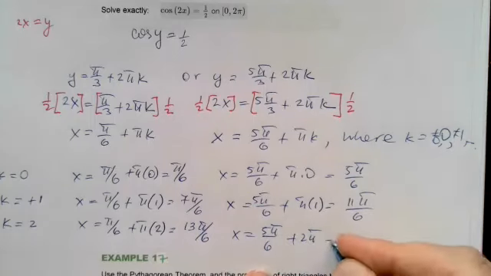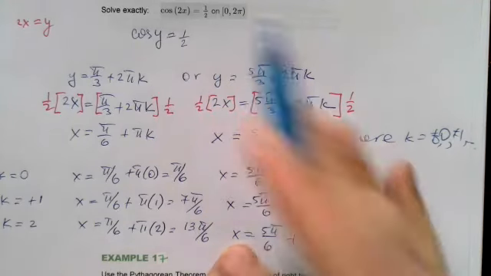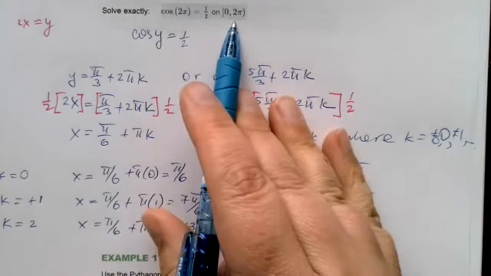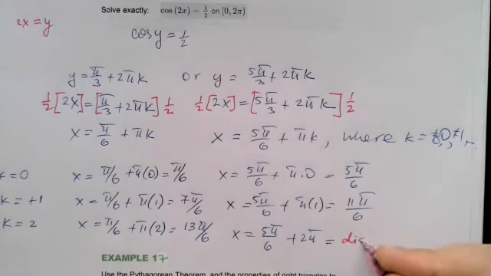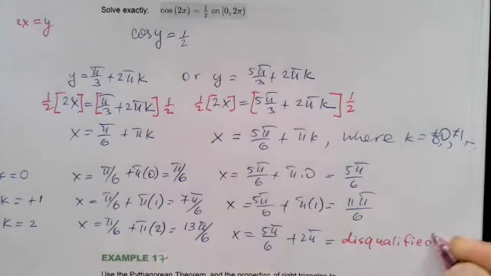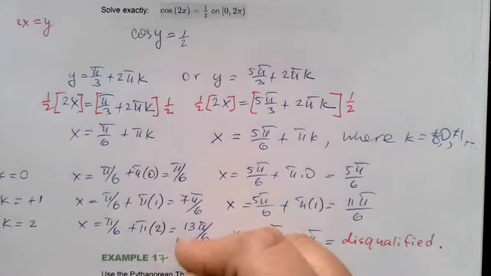That's already going to be too big, right? Our interval stops at 2 pi. So something bigger than 2 pi is disqualified right away. So let's write it down, disqualified. I don't even want to calculate what it's going to equal. And this one is disqualified.